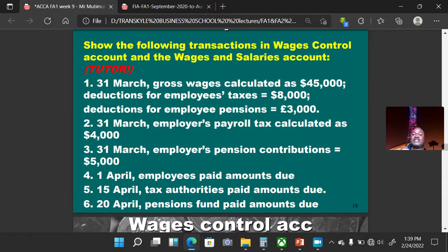Show the following transactions in the wages control account and the wages and salaries account. On 31 March, gross wages were calculated as 45,000.